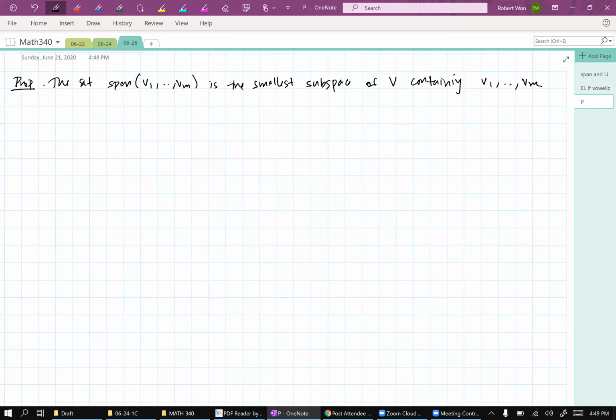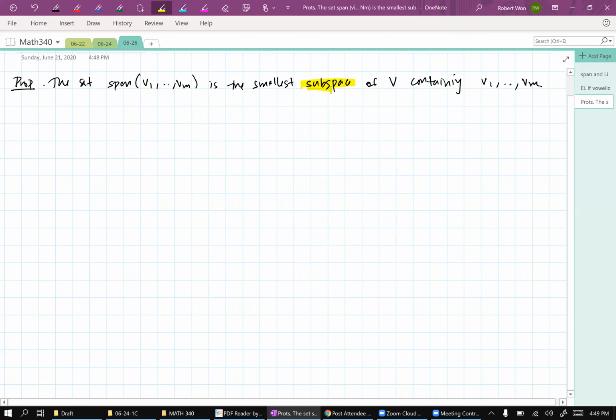First, that the span is a subspace. So that's one claim that we need to prove. But then the second claim is that the subspace contains the vectors v1 through vm, and it's actually the smallest subspace containing them. So there are several things that we need to prove here in order to prove this proposition.